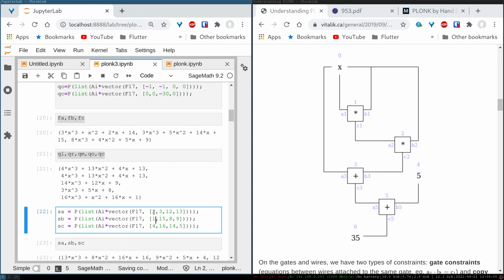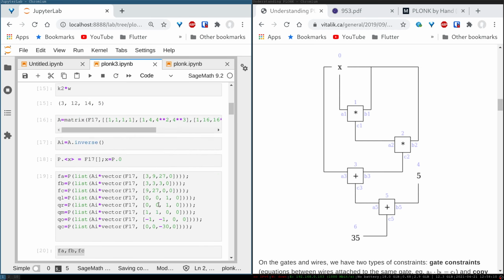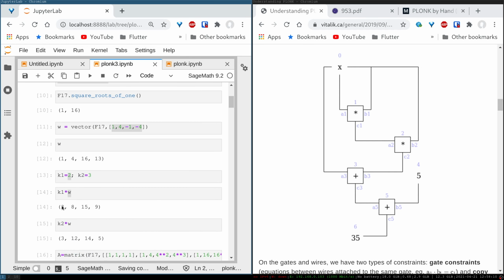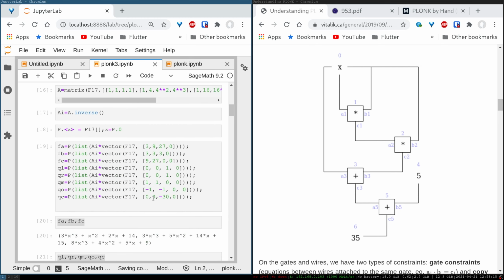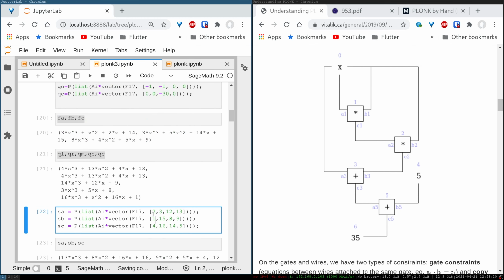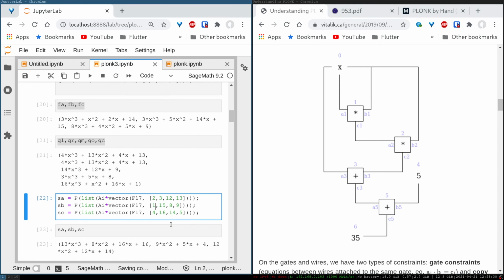So the one that was here was swapped with the value for B1. And the value for B1 is 2, right? B is 2, 8, 5, 9. So we swap 1 and 2 here. Right? And likewise, we've been swapping all these wires so that whenever there's equality, we swap the indices.